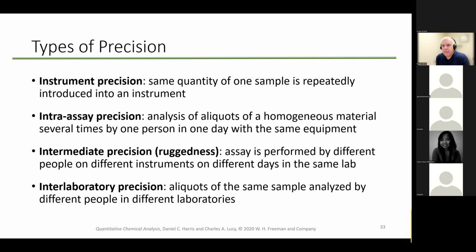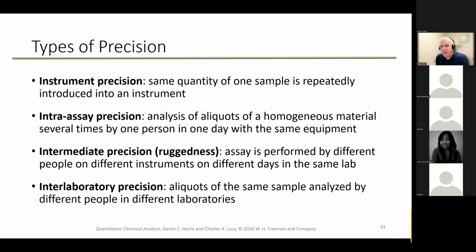So intermediate precision here is different people, different instruments, different days, right? And that's a higher standard, obviously, for accuracy. And then interlaboratory precision is where you take the same sample and analyze it by different people in different laboratories, right?